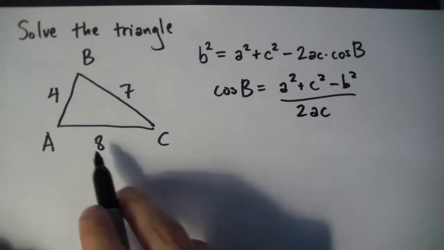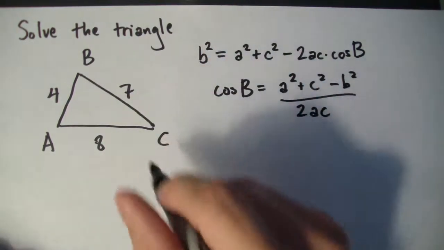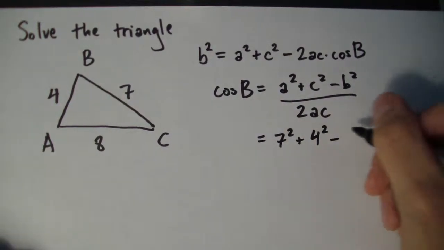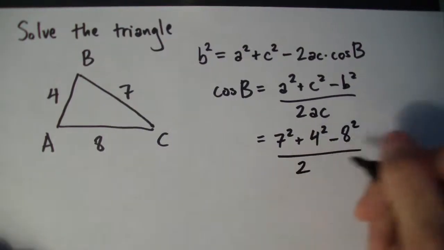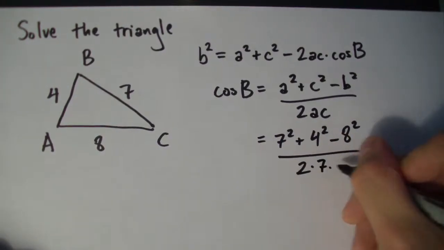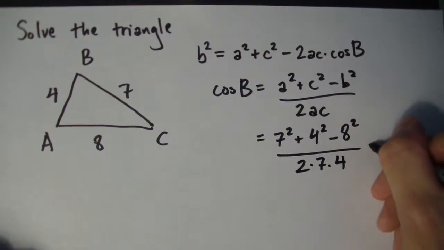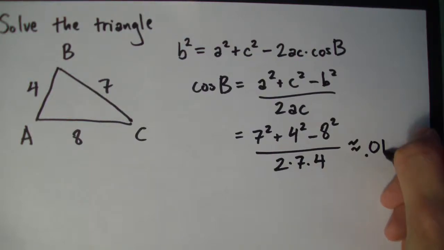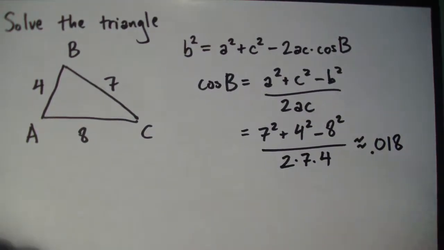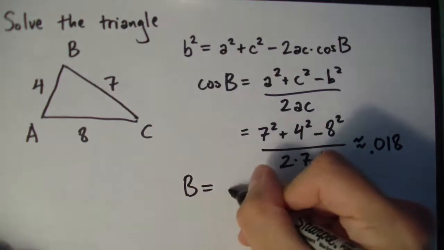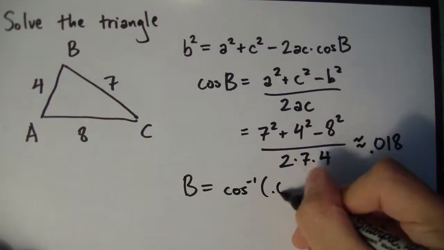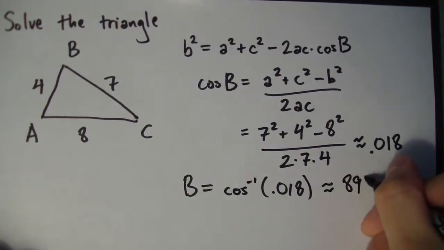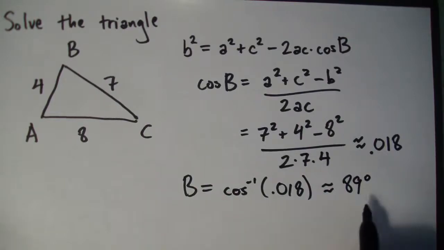And when we plug in the values we know, we know that side a is 7, and side c is 4, and side b is 8. And when we compute all of that, we get that this is approximately 0.018. So from that, we can find that B is the inverse cosine of 0.018, and that comes out to be about 89 degrees. So now we found B.